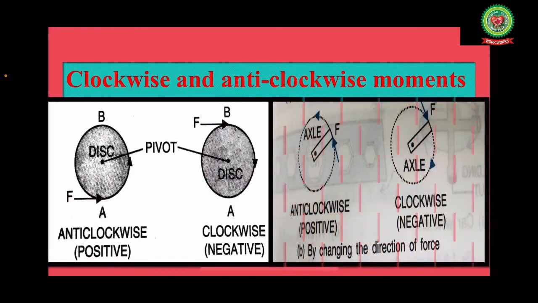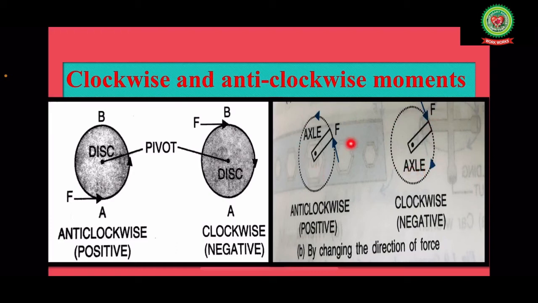And the second case is direction of application of force. In this case, we are applying force in such a way that this body will rotate in anti-clockwise direction, and in this case we are applying force in such a direction that the body will rotate in clockwise direction.